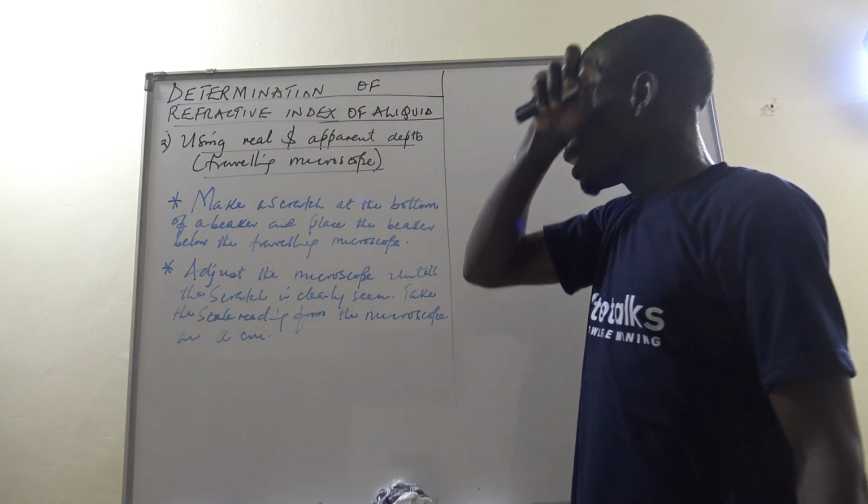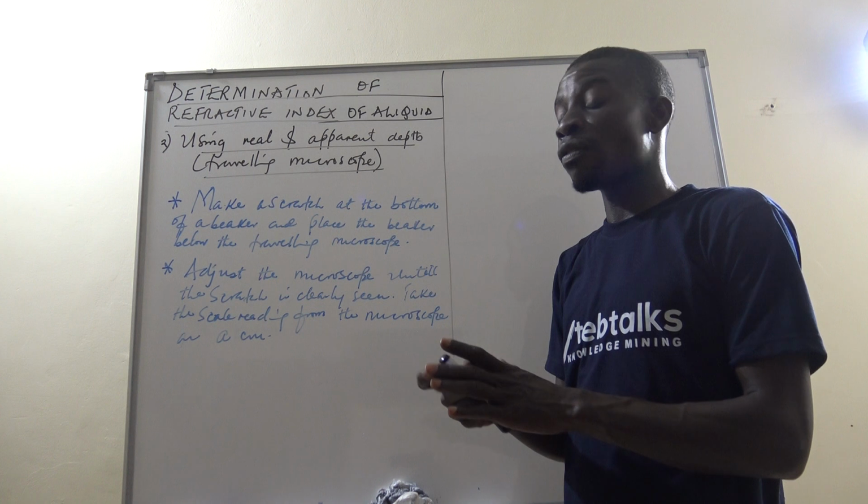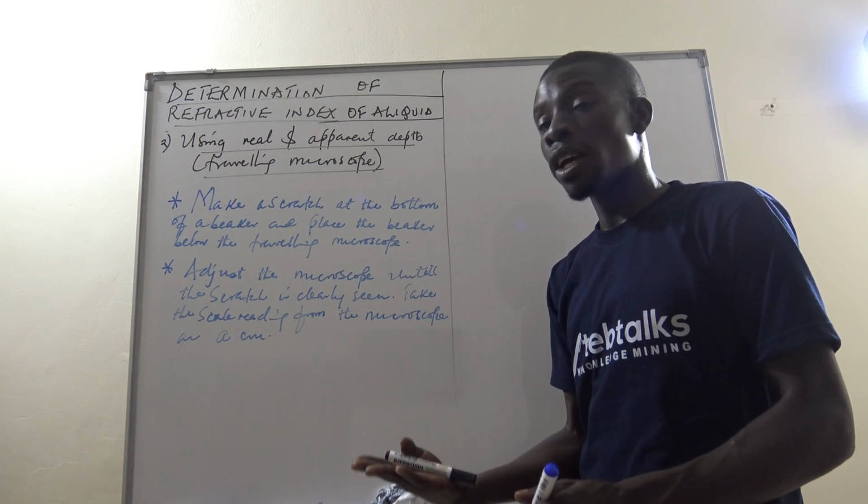So what is true is that a traveling microscope measures the vertical distance to some level.